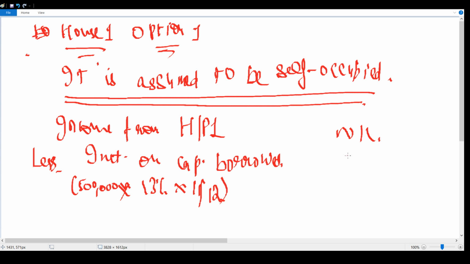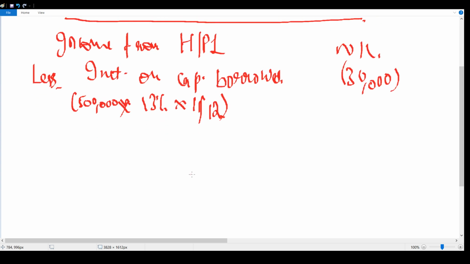That comes out to be approximately 59,000. But as per section 24(b), it is subject to a maximum of 30,000.